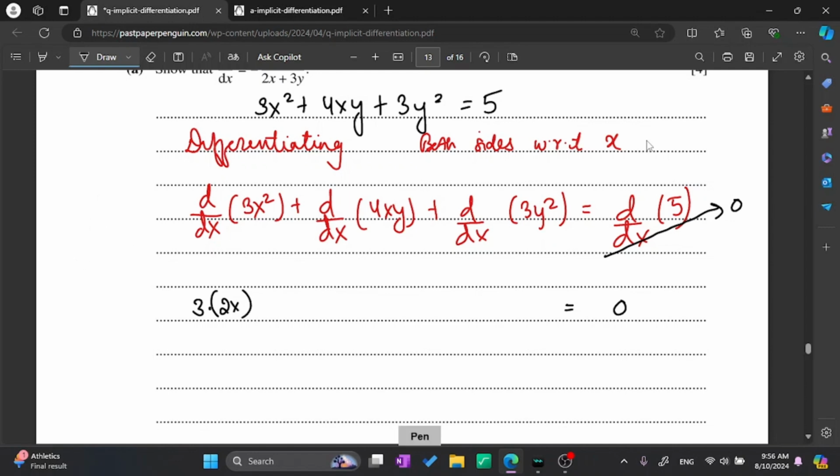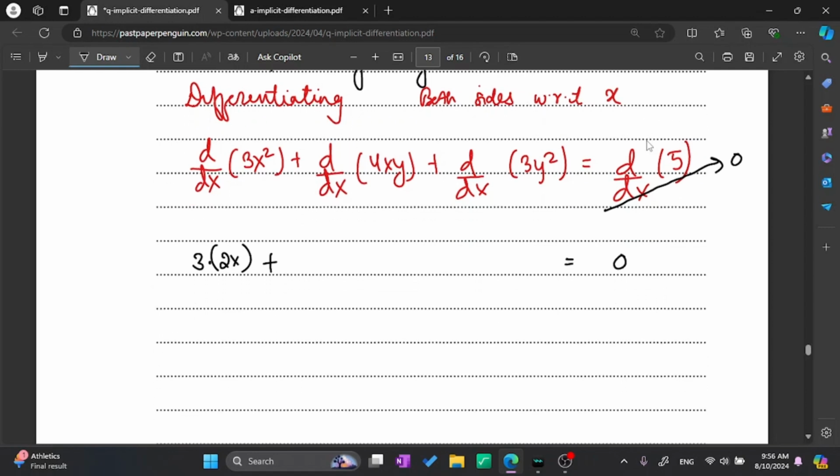Now, here we have a function with two different variables. So first let us use the product rule. But first let's bring this 4 out. Now it's d over dx xy plus d over dx 3y squared.